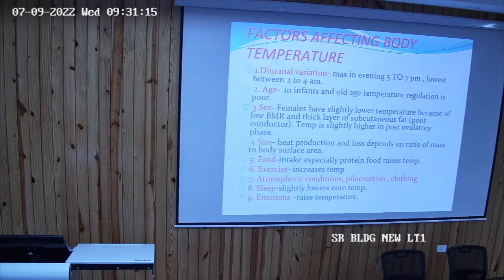Food intake especially is responsible for an increase in heat generation, through the specific dynamic action of food. When you read this chapter in your book, you have a term, specific dynamic action. For the GIT or digestion, what are the different steps? First you have to ingest the food. Second, you have to chew, mastication, then there will be digestion, then absorption.